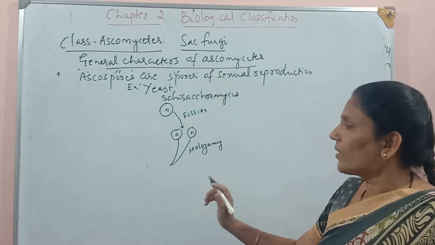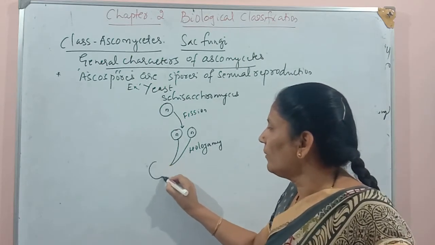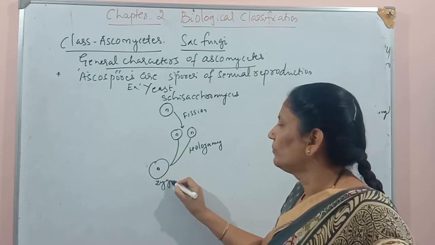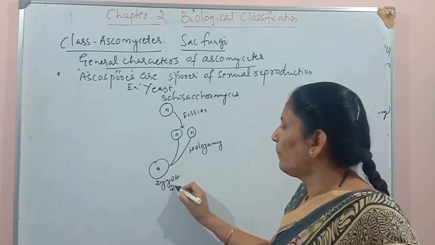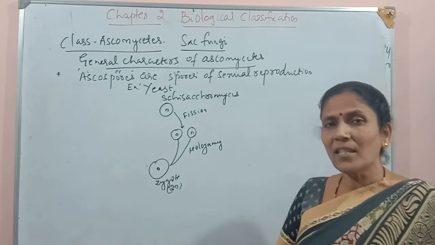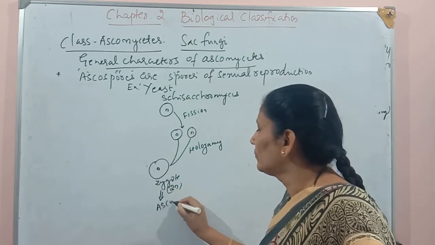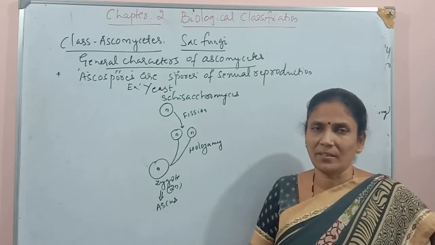Fusion results in a diploid cell, which we call the zygote. And this zygote itself is called the ascus.